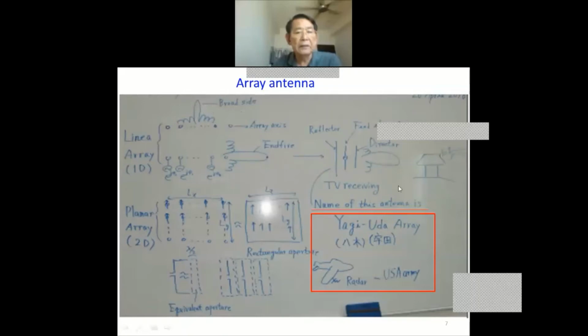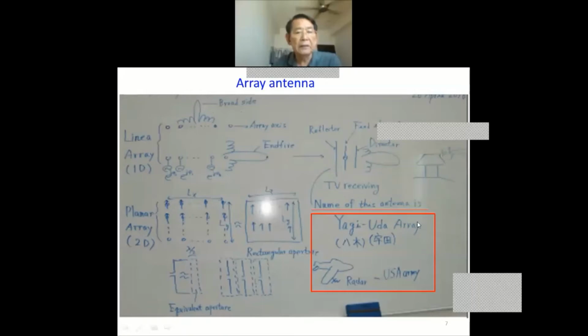Another typical end fire array is the TV receiving antenna called the Yagi array. That is very famous, and you know this array very well.